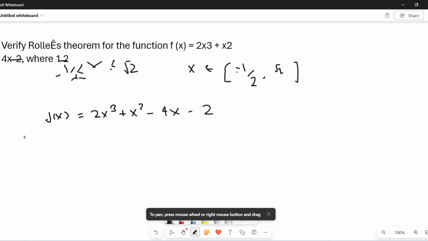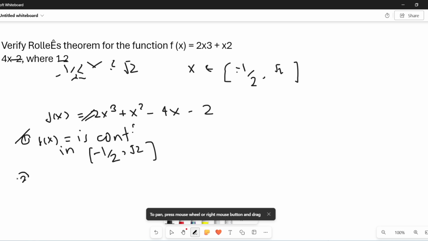Yes, the function is continuous because f(x) is a polynomial function. So for x belonging to minus 1 by 2 to root 2, f(x) is continuous. First condition satisfied.